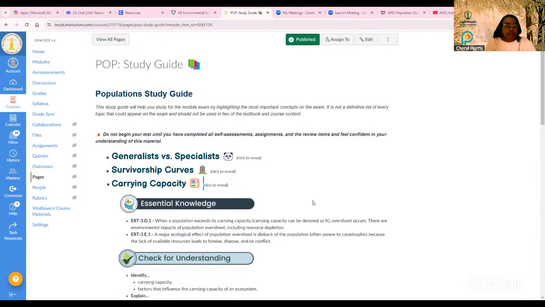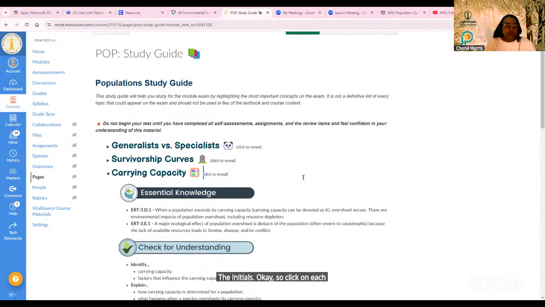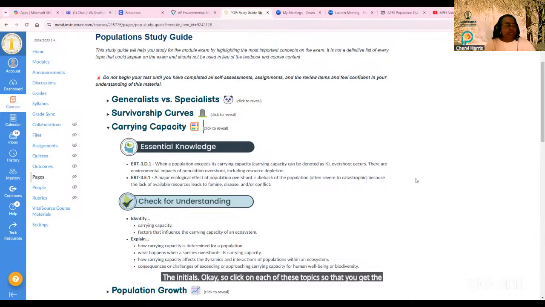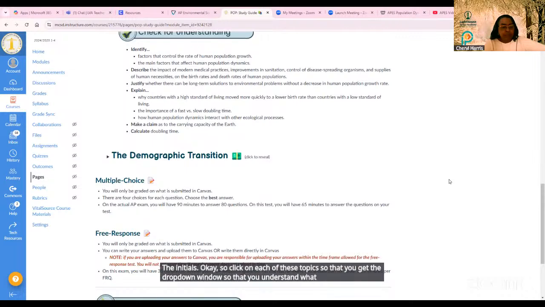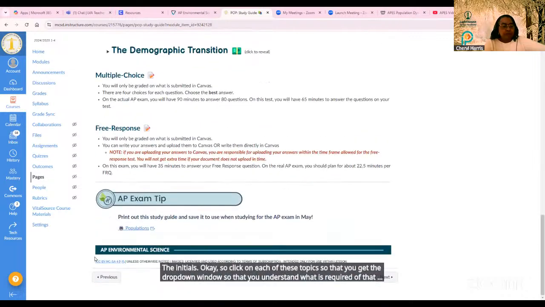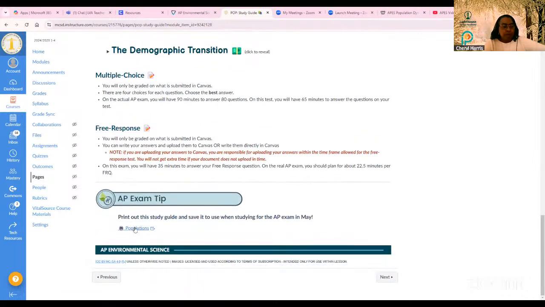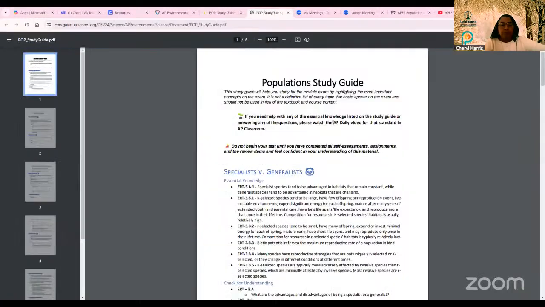Okay, so click on each of these topics so that you get the drop down window, so that you understand what is required of that unit.